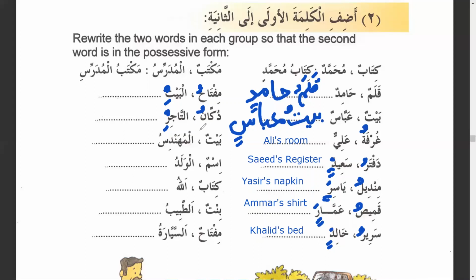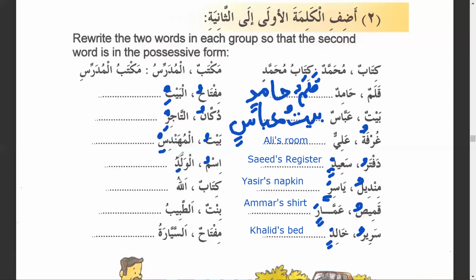Then Baitu Muhandisi. Excellent. Baitul Muhandisi. Muhandis is engineer. Ismu Al-Waladi.